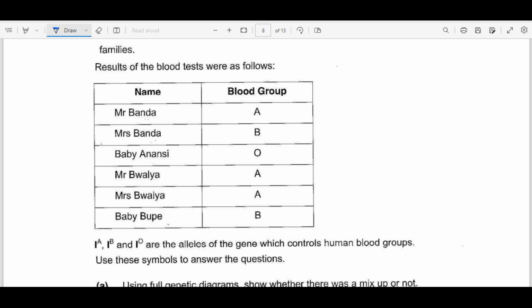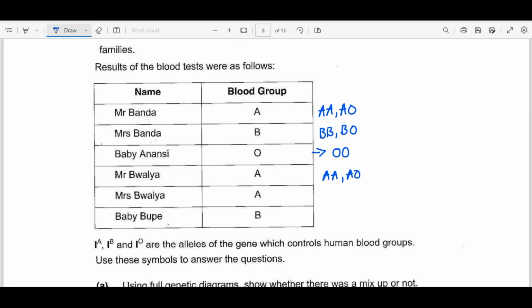So for Mr. Banda, blood group is A. Then the genotype can be, okay, let's not consider letter I. So for A, we may have homozygous for A or heterozygous for A, or we don't know. Then for B, it's the same, homozygous BB, heterozygous BO. Then for someone with blood group O, the genotype is always OO. Then Mr. Walia, since it's A, it can be AA or AO.